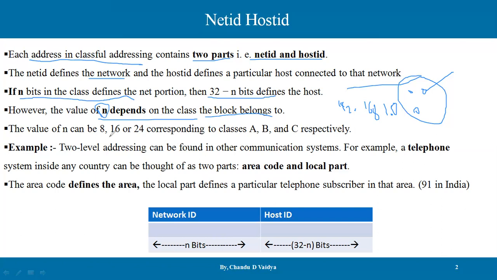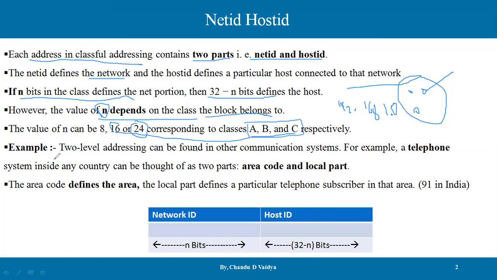The value of n depends on the class, let's say classes A, B, and C. As we know, guys, classes A, B, C are available, and D and E are also available. But out of those, A, B, C have unicast addresses, and the values are: A has 8, B has 16, and class C has 24 as the value of n. This represents how many bits belong to the network ID and how many bits belong to the host ID. So every class has a different value of that small n.